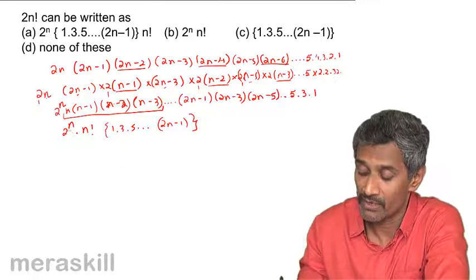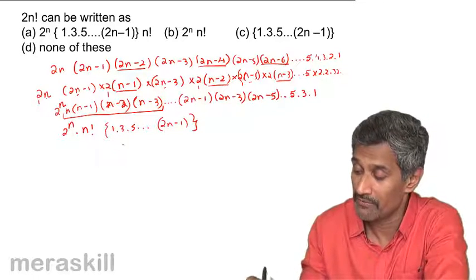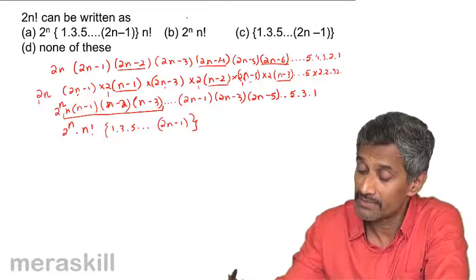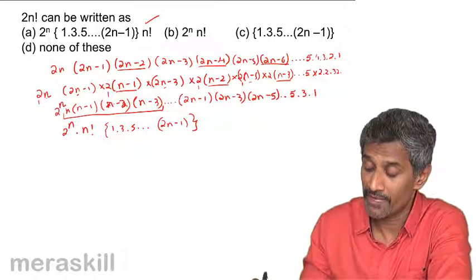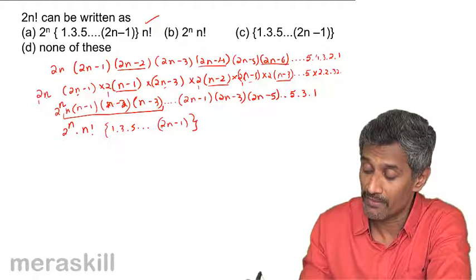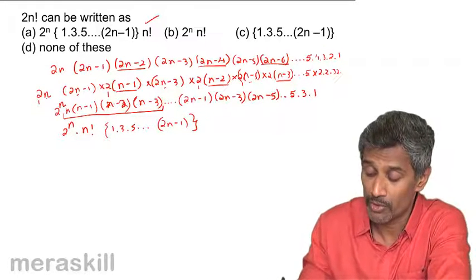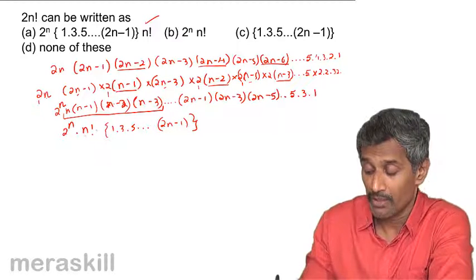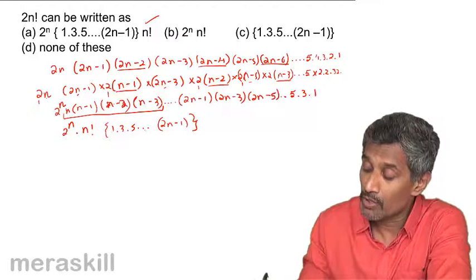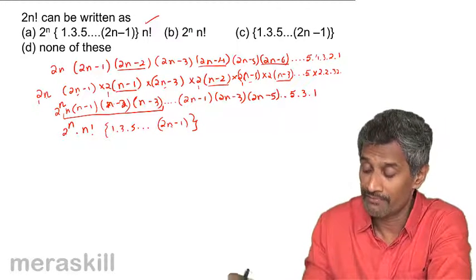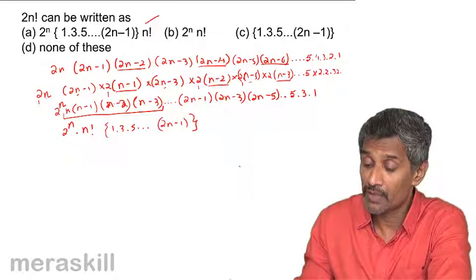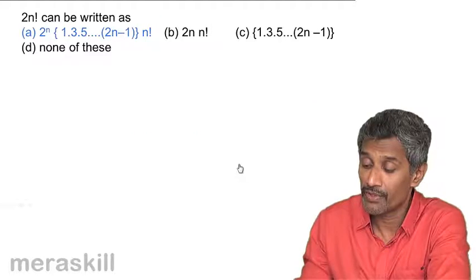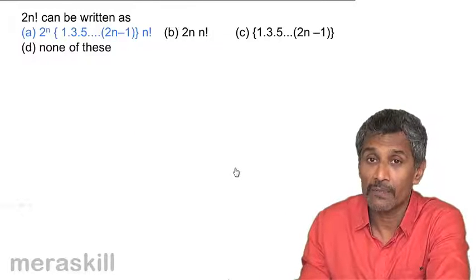So it's eventually 2 raised to n into all this into n factorial, and among these, this is the option: 2 raised to n into n factorial into 1 into 3 into 5 up till the 2n. That means it is a product of 2 raised to n into n factorial and the product of all the odd numbers that we have. So among these, option A works out to be the right option, and hence we get it accordingly.